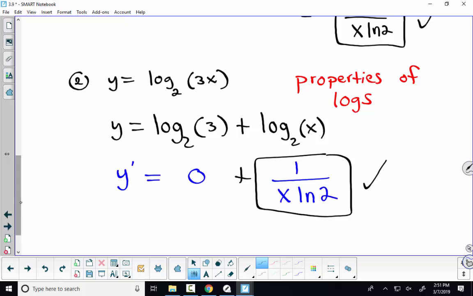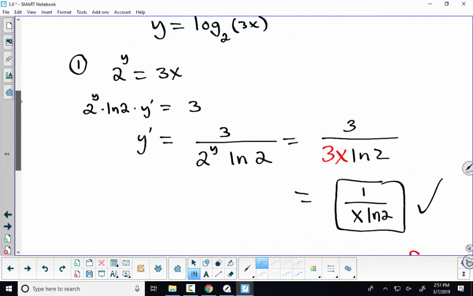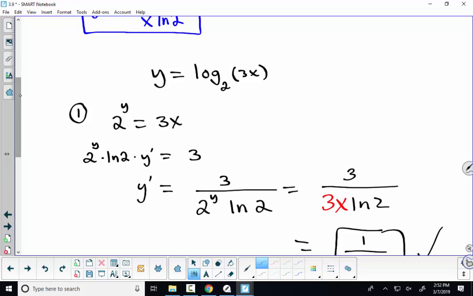The only one that was slightly different was this one here, because notice when we wrote it as 2 to the y equals 3x, we didn't have to utilize any logarithm derivatives. This is all just the derivative of exponential. Any logarithm can be written as an exponential.